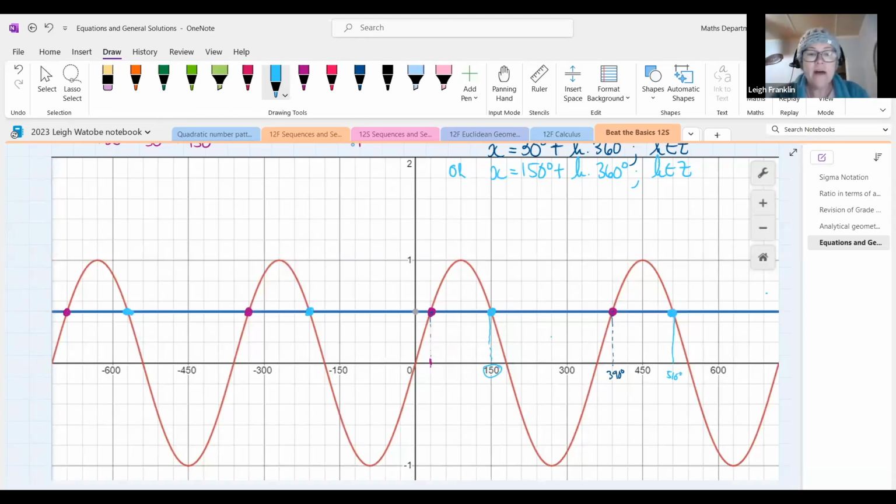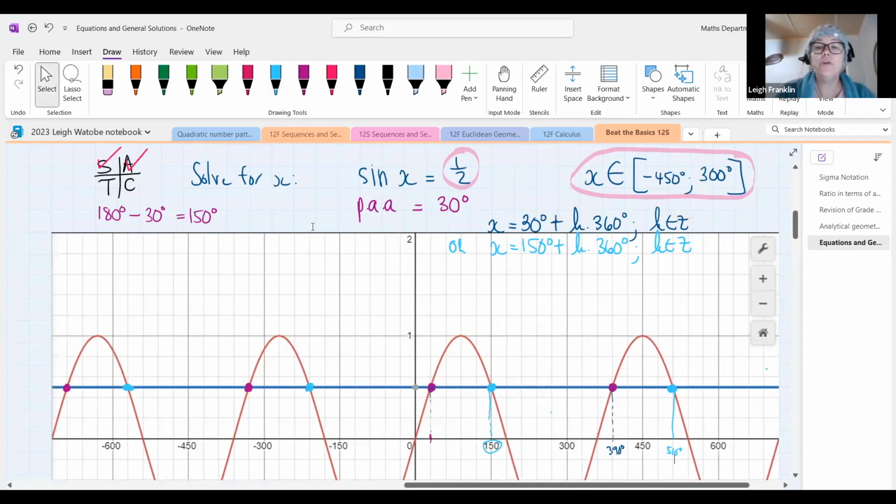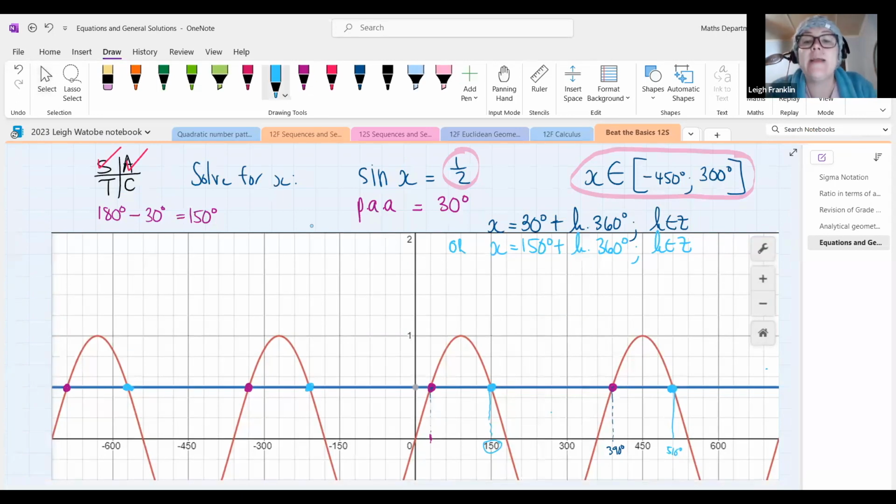If I now want answers that are negative angles, then I've got to go back the other way. So again, let's go back to the purple one. If I make K equal to -1, then I'd get 360 times -1, which would give me -360. And then to that, I need to add 30 degrees. That's minus 330.